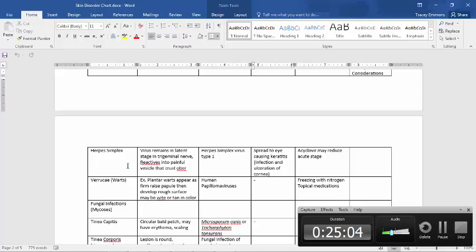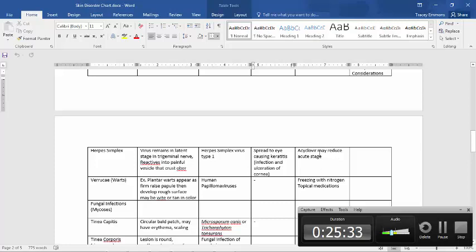and it can be very painful. Okay, some of the risks and effects: it can actually spread to the eye if you touch that vesicle and spread it to the eye, called keratitis, where we have infection of the cornea and can cause ulceration. Acyclovir is an antiviral that has been known to help treat it when it's in the acute stage and actually showing symptoms.